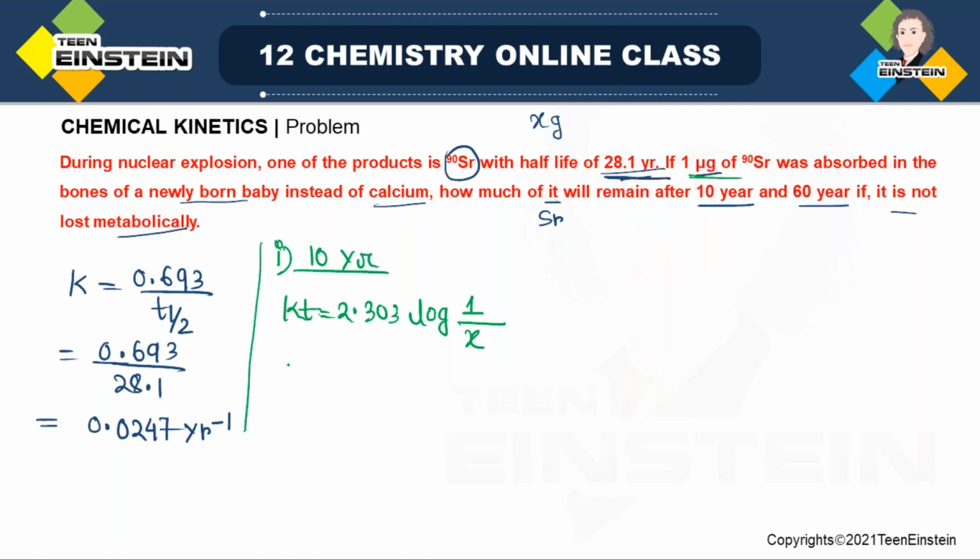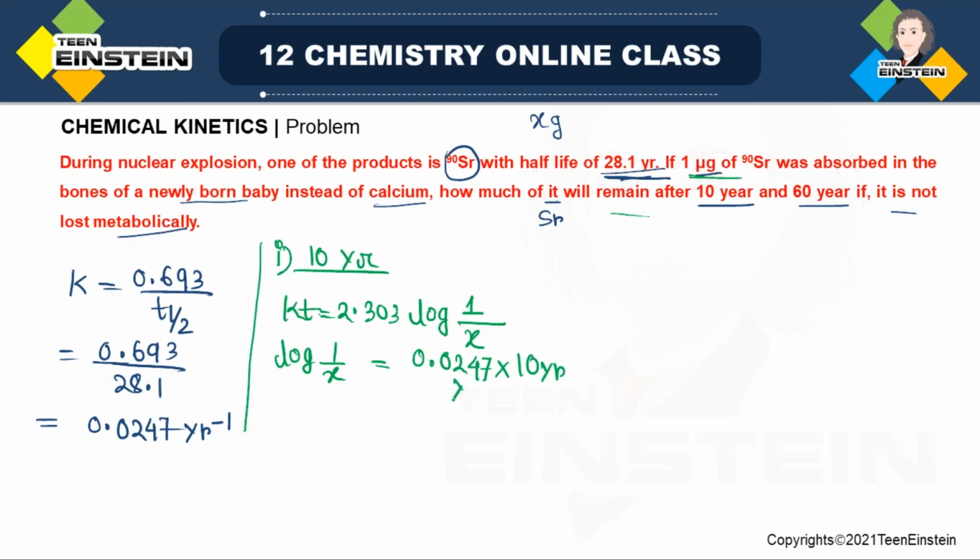Now we have to find out the amount remaining after 10 years. So basically we have to find out x. Okay, so log 1 by x is equal to 0.0247, that is the value of the decay constant, multiplied by t. Here t is 10 years, right?